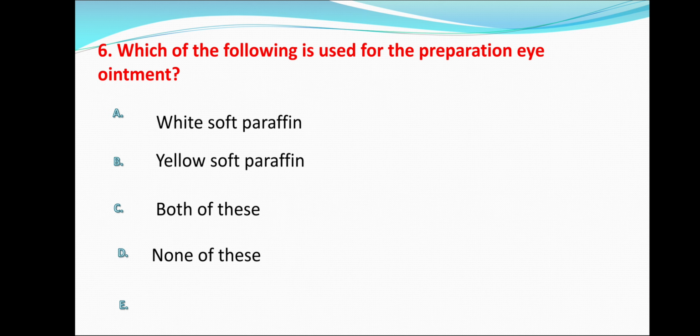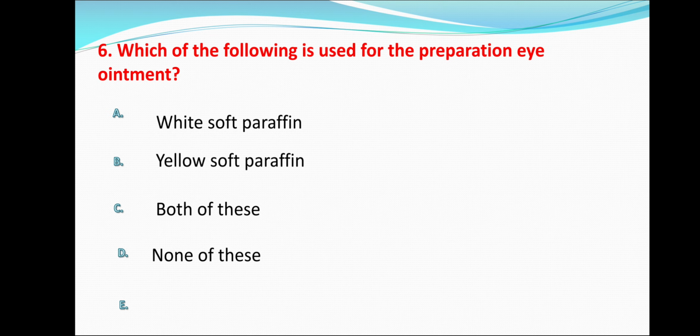Now question number 6. Which of the following is used for the preparation of eye ointment? White soft paraffin, yellow soft paraffin, both of these, none of these.